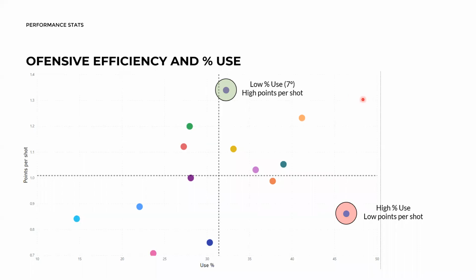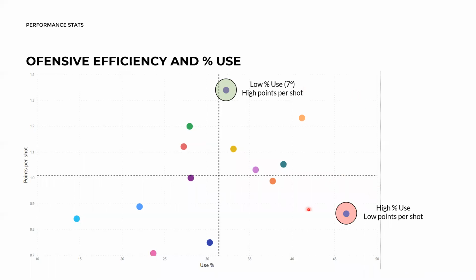Or, for example, in this graph, we see that the further to the right, the higher the usage percentage, which considers how many times a player finishes the possession while on the court.